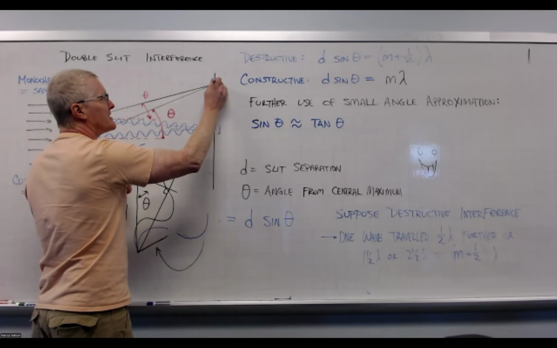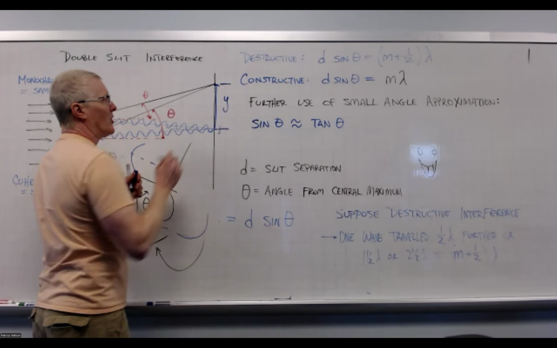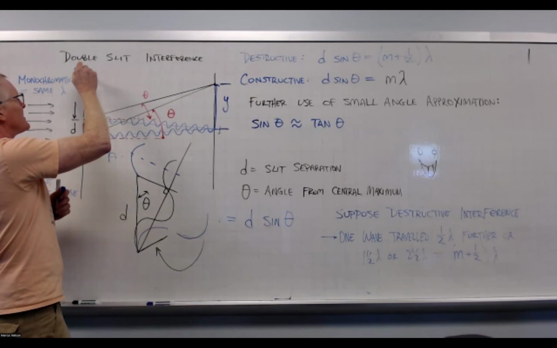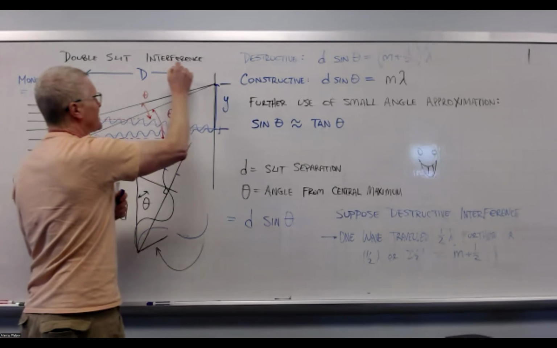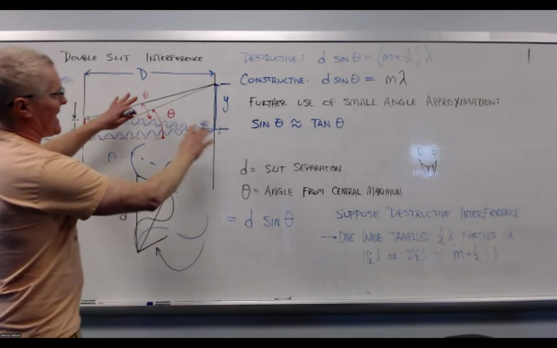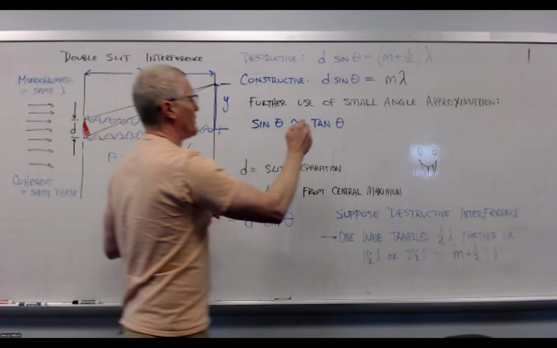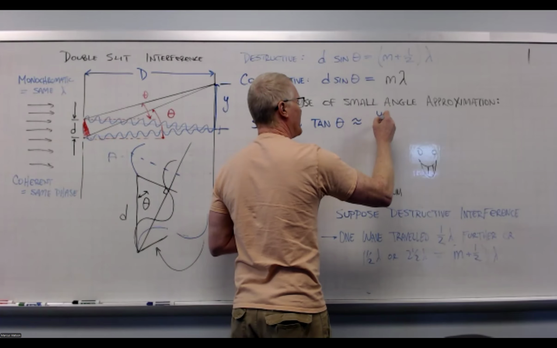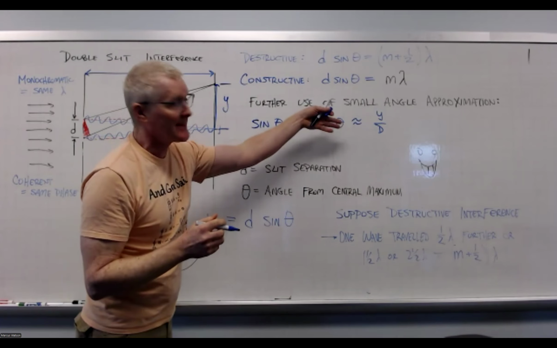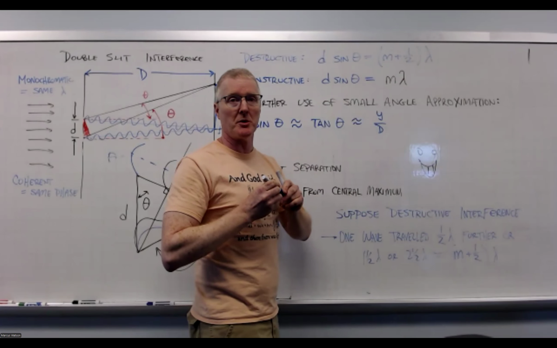So if I call the distance from the central maximum up to here y, because it's vertical, and I call the distance that the screen is from the slits capital D, that means this tangent looks like y divided by D, because D is that leg and y is this leg. So that's approximately equal to y divided by D. And so we can rewrite this whole expression as little d times that thing equal to either this or this, based on what type of constructive or destructive interference we have.